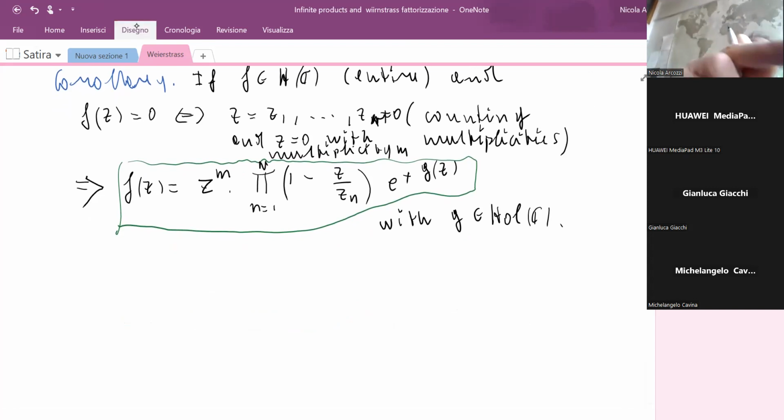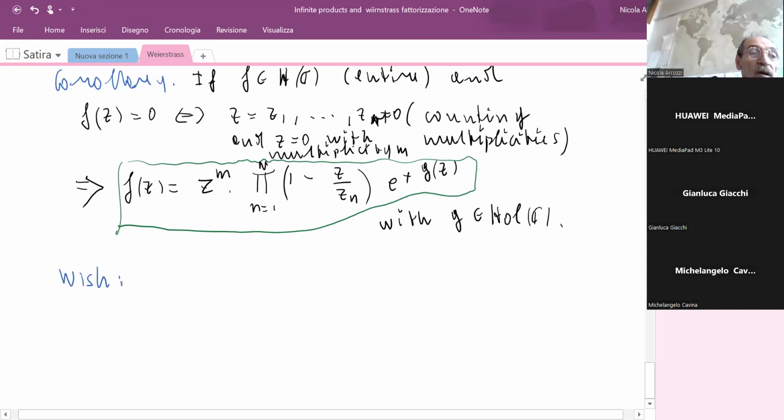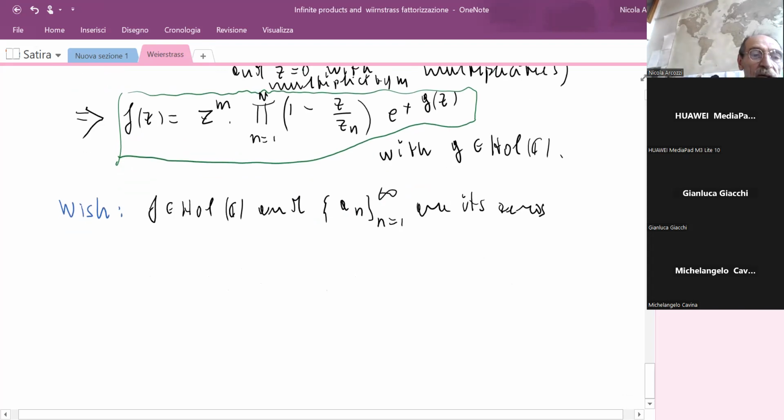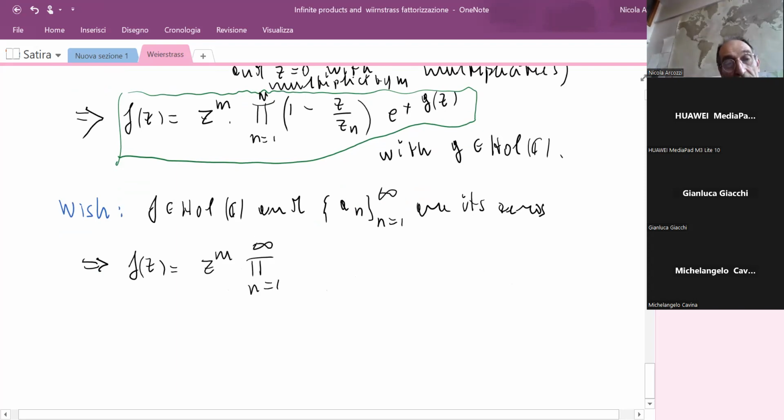So what is our wish? It is that if f is holomorphic, entire, and if, let me change notation, an are its zeros, possibly each of them repeated finitely many times, then f of z can be written as some power of z, some infinite product, as we saw before, of 1 minus z over an, times e to the g of z.